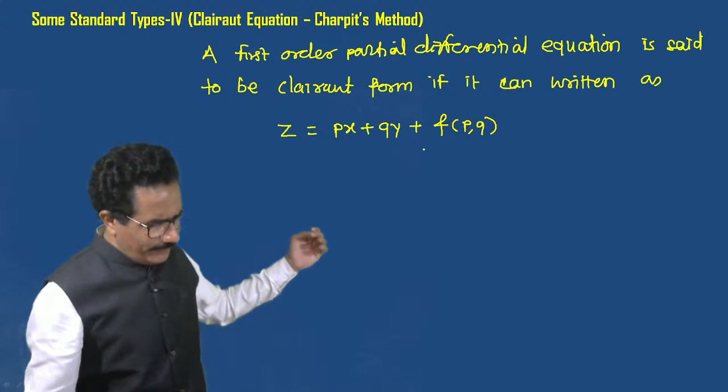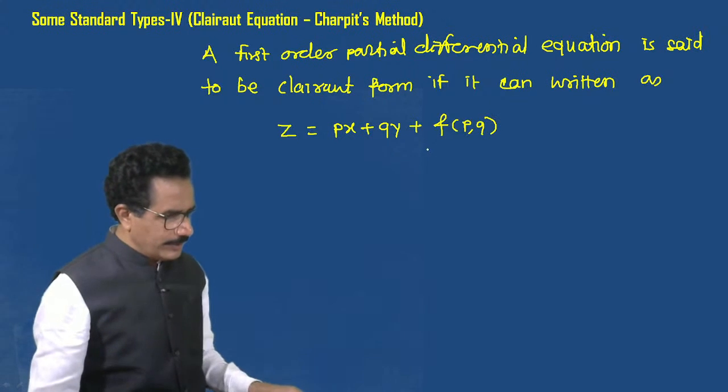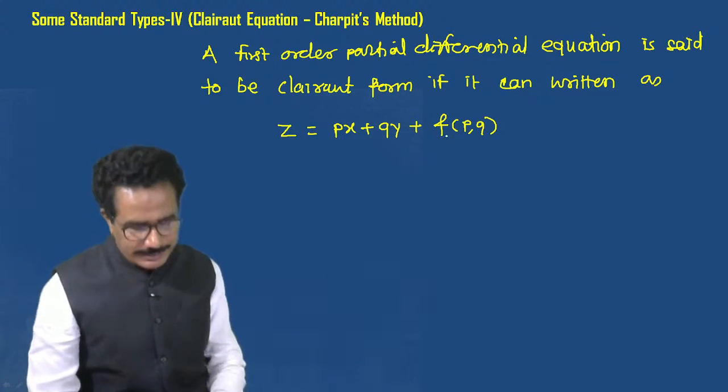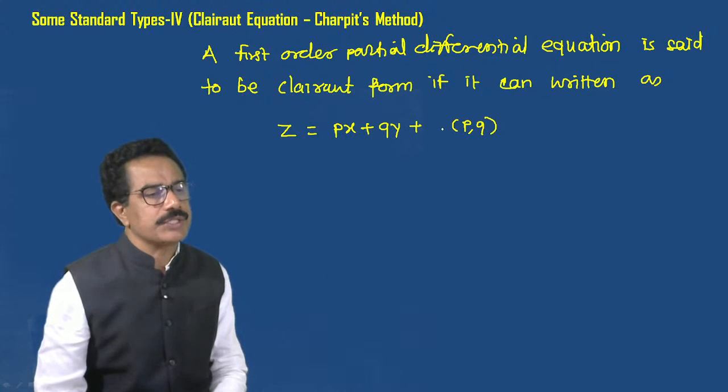You can write any function of p and q. This type is known as, instead of saying f, we can take g or h, g of p comma q.